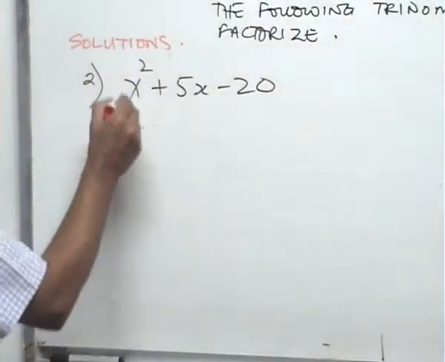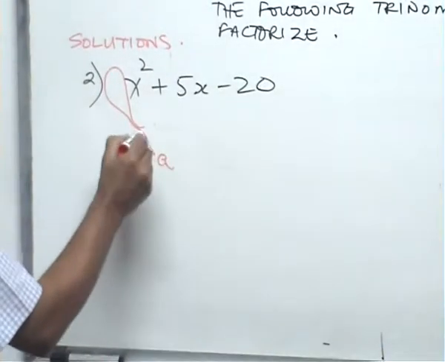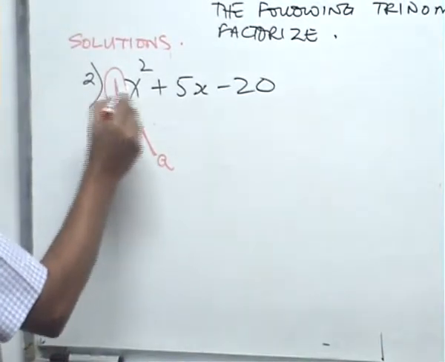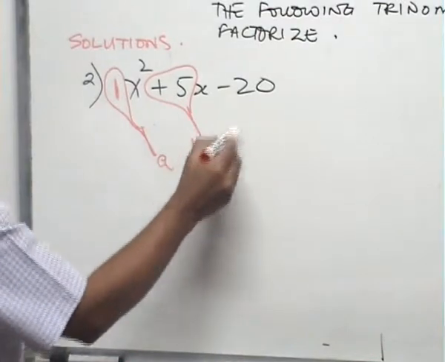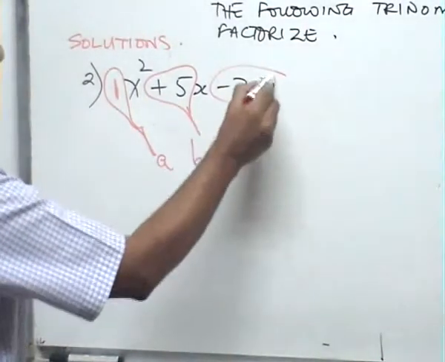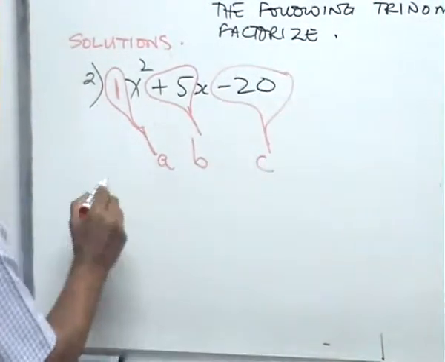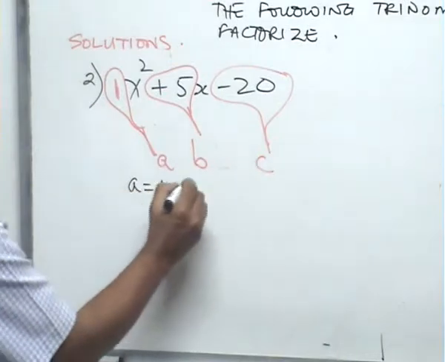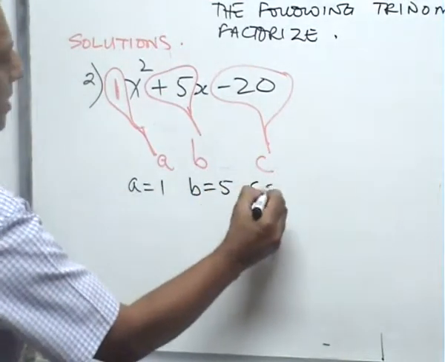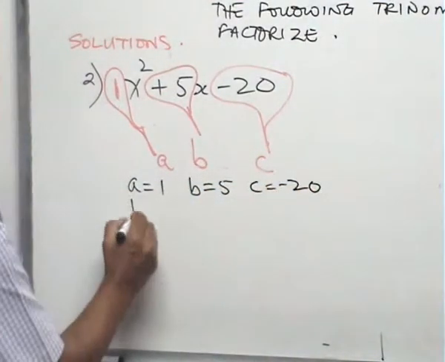Right, so here is number 2. Clearly, A is 1, B is 5, C is minus 20.